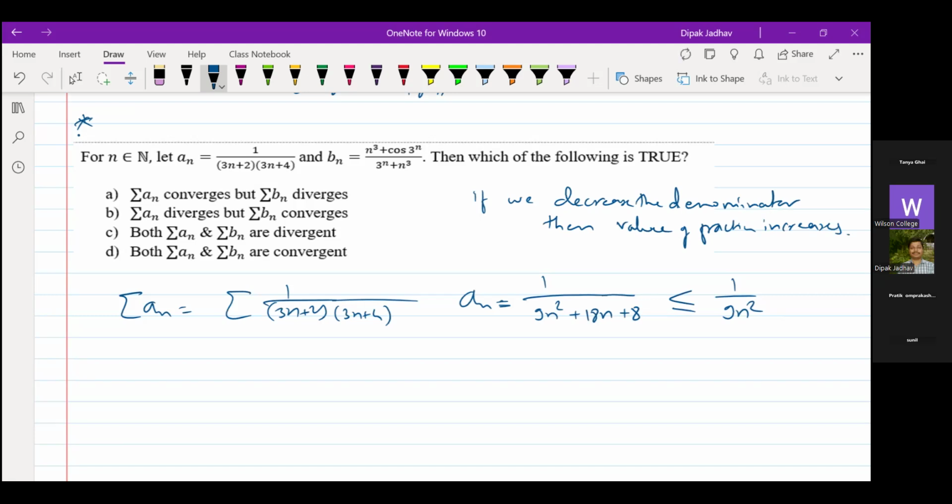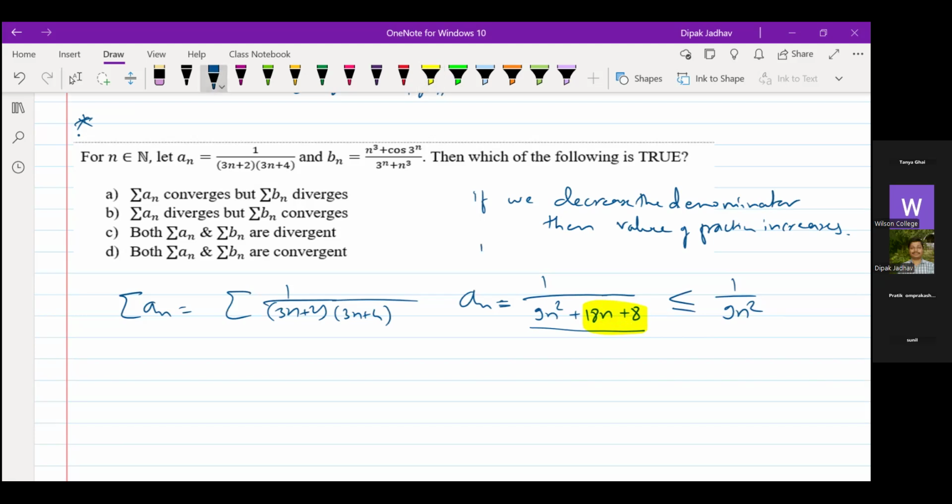The denominator initially was 9n square plus 18n plus 8. We have just thrown away these two positive things, 18n plus 8. So I have decreased the denominator, so when you decrease the denominator, the value increases.